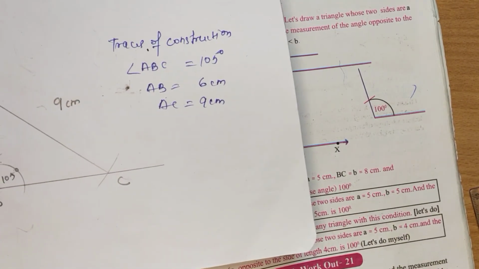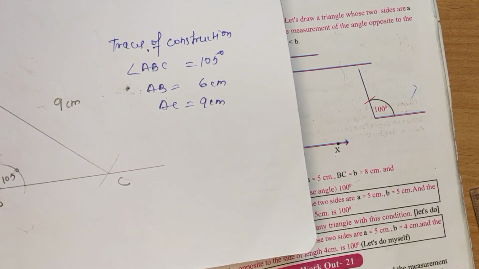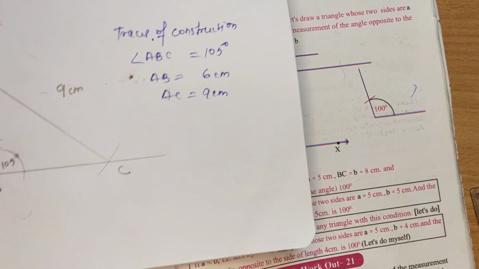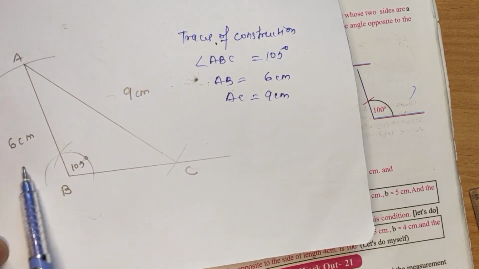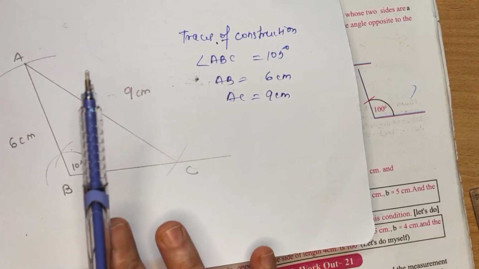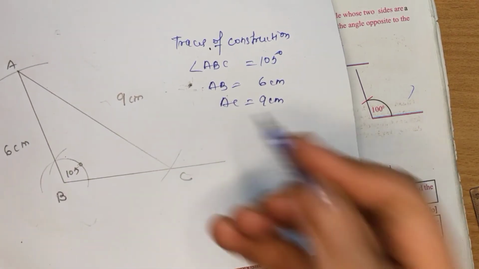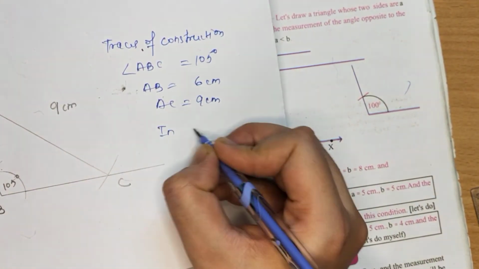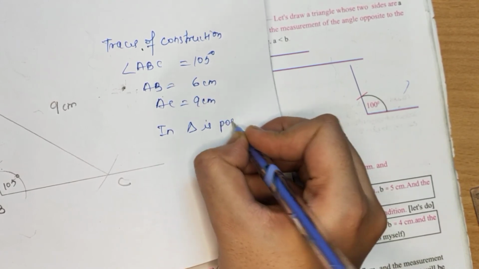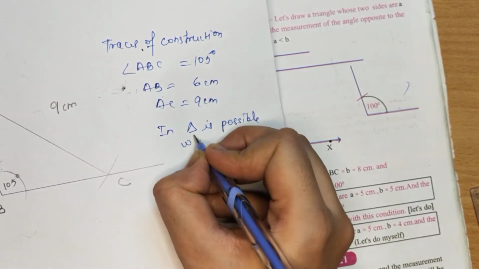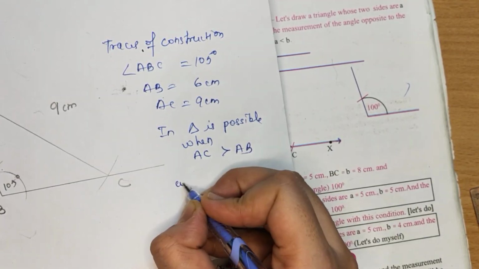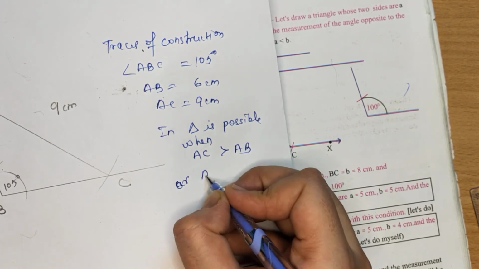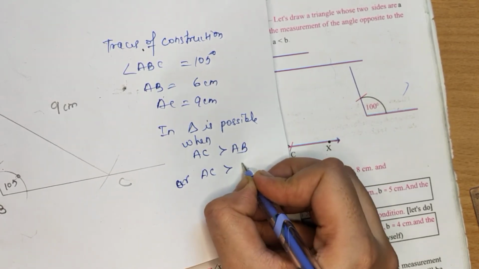But the question is asking us to write for what length of the side we will not be able to construct the triangle. Here in this case, the length of AC is 9 and AB is 6. So that is why the construction of the triangle was possible. That means the triangle is possible when AC is greater than AB, or I can say AC is greater than BC.